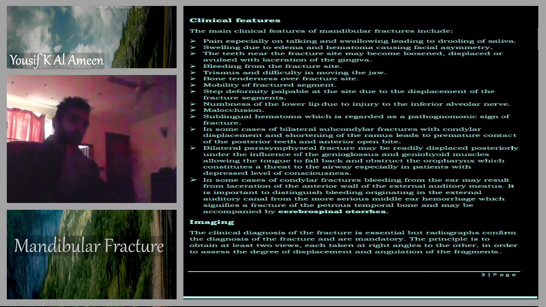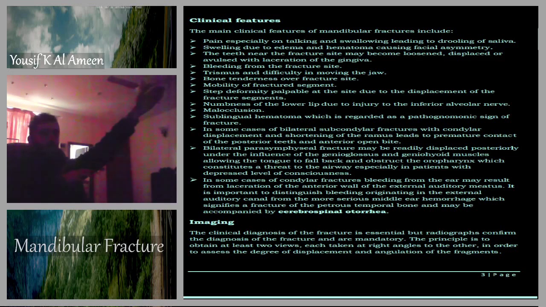Clinical features. The main clinical features of mandibular fracture include pain, especially on talking and swallowing, leading to drooling of saliva, swelling due to edema and hematoma causing facial asymmetry.